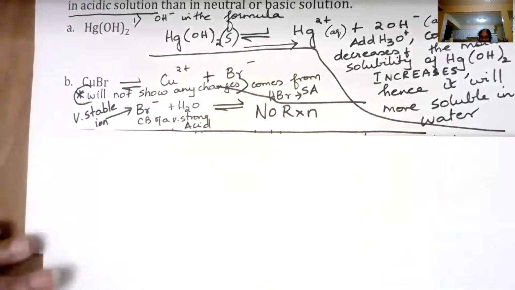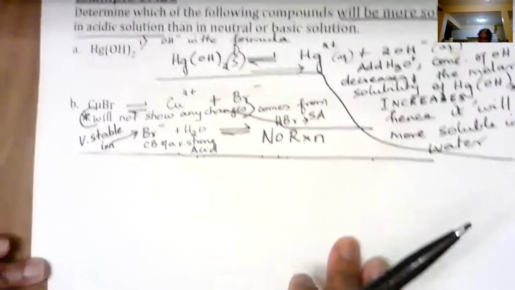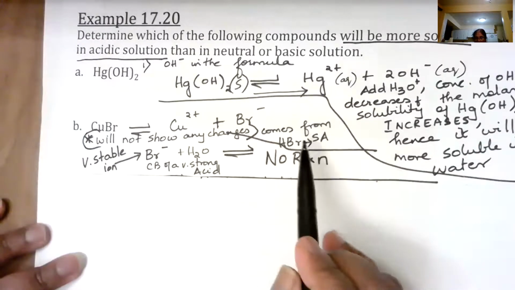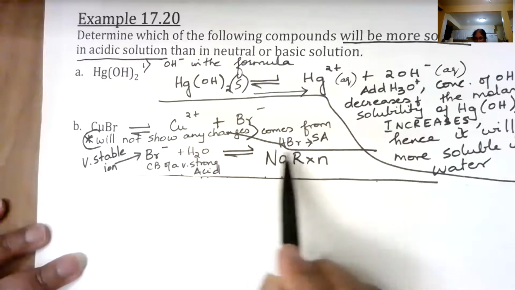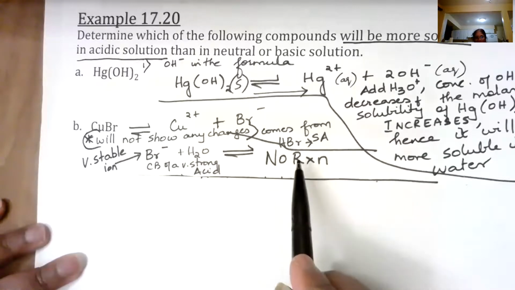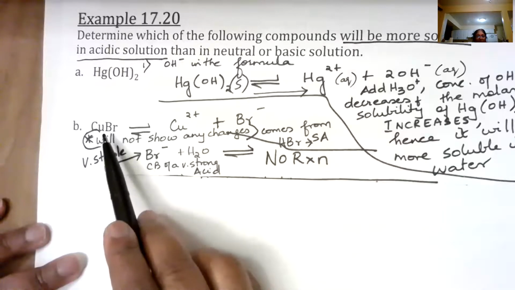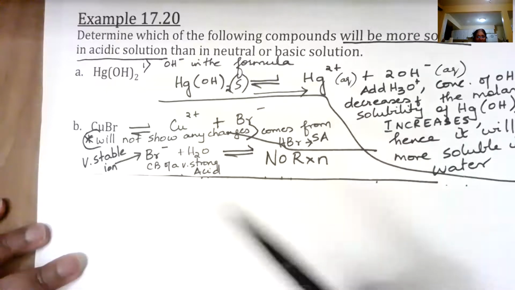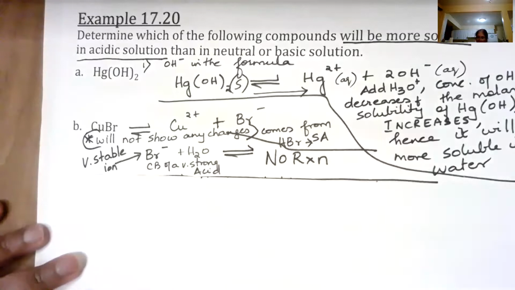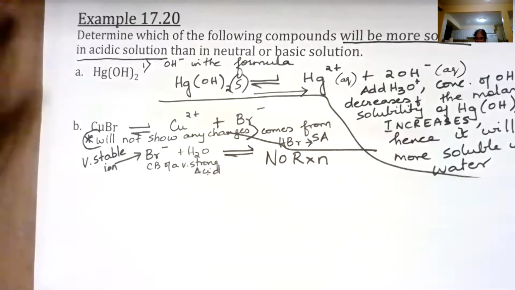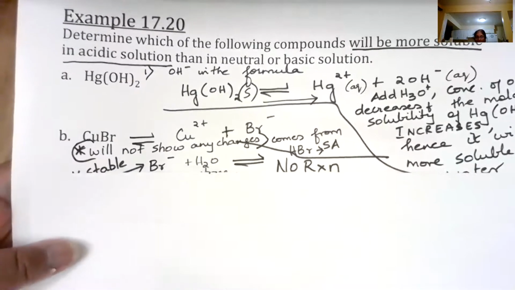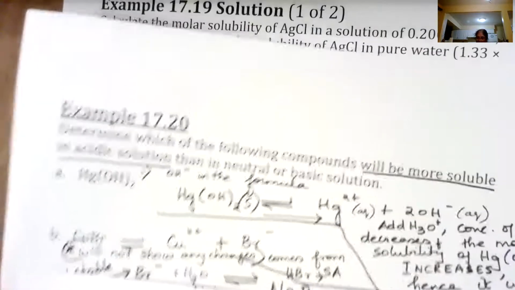But if the anion is from a strong acid, then it's not going to react with water to produce OH minus ions. So CuBr will not be more soluble in acidic solution. Okay, so that explains that part. It's not too difficult. You just have to know how to identify your anions in solution.